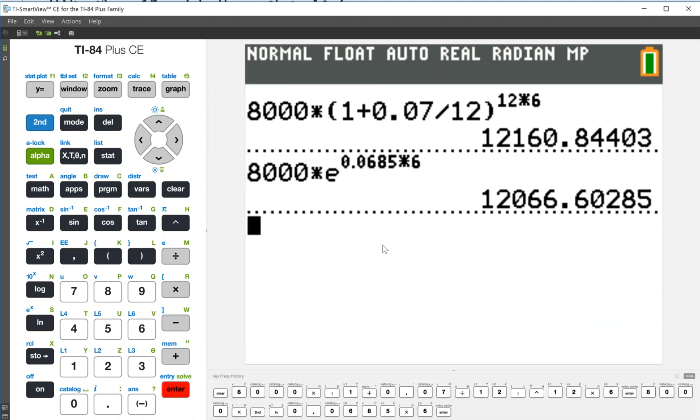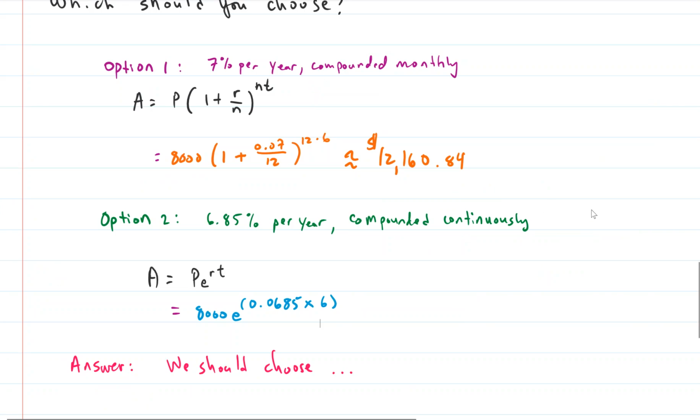All right. $12,066 and 60 cents. That's interesting.